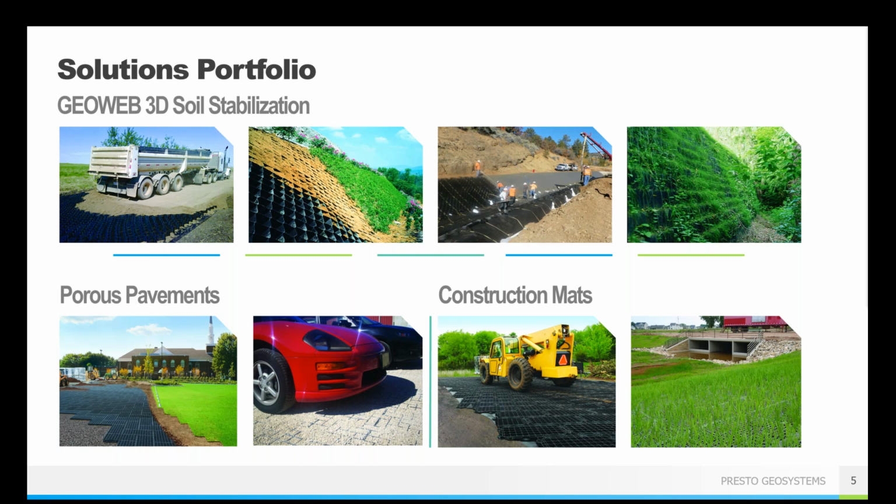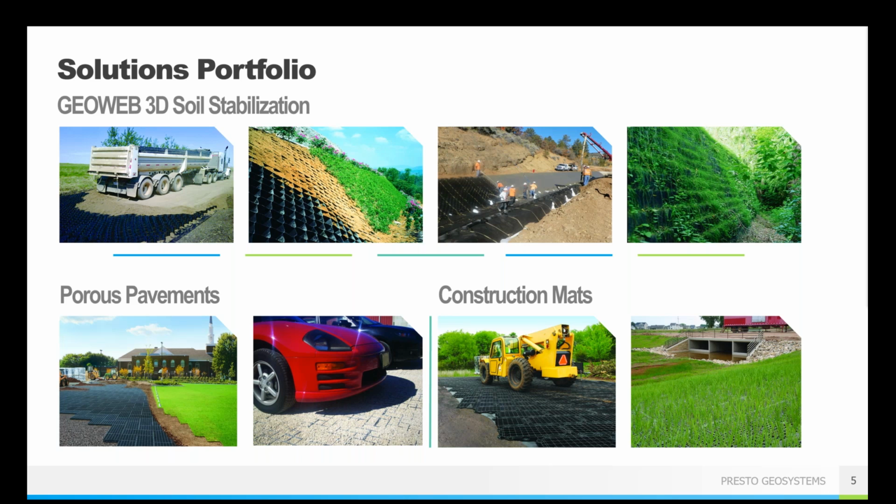We're not really going to talk about either one of those options today, the porous pavements or the construction mats. We are going to be focusing on the GeoWeb GeoCells and how they can be applied to retaining walls and reinforced slopes. But if you do have any questions about our other offerings, feel free to reach out to myself or the rest of the Presto engineering team, and we'd be more than happy to talk about those as well.